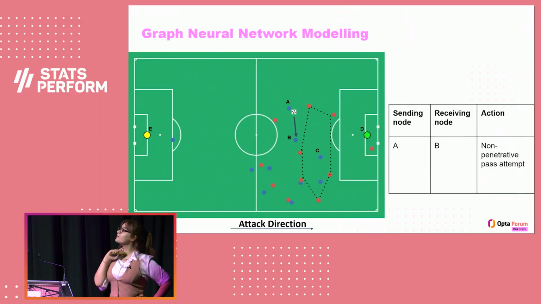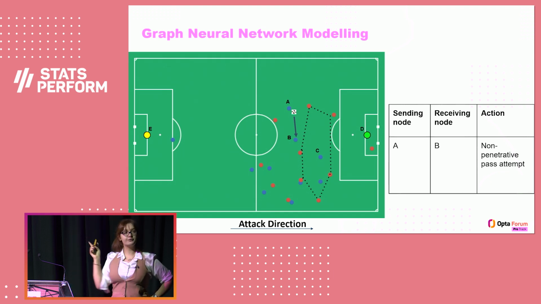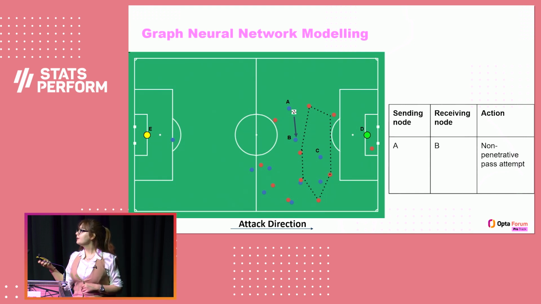If player A sends the ball to a teammate who is not inside the convex hull, like player B, we call this a non-penetrative pass attempt. So if the neural network finds that the most likely receiving player is outside the convex hull, this is a non-penetrative pass attempt.